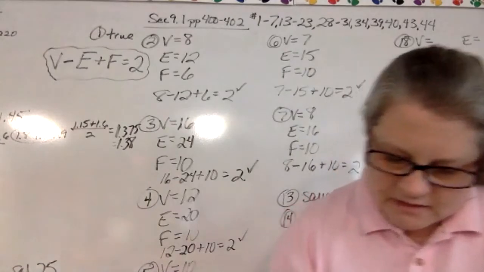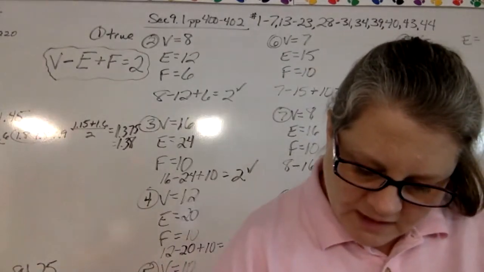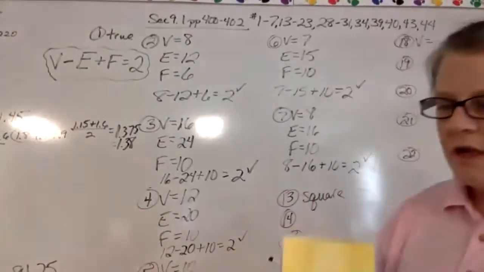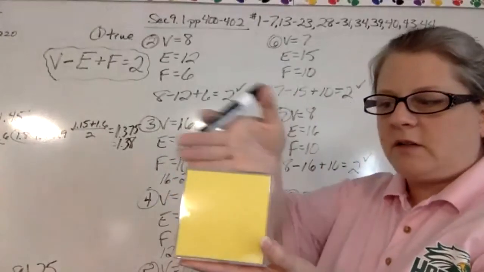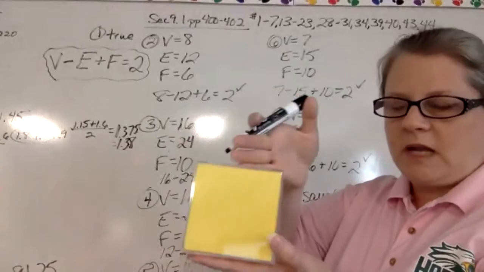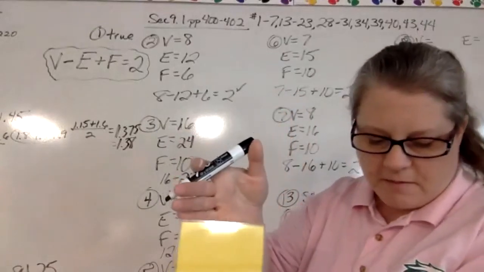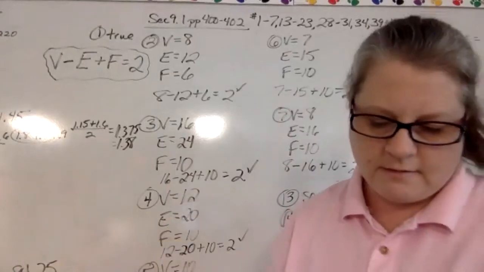Now, it says on 14, the plane containing the left front edge and the back right edge. So it's going from the left front to the back right. So it's going diagonally through here. And you're trying to figure out what shape that's going to make. Anybody have a guess?